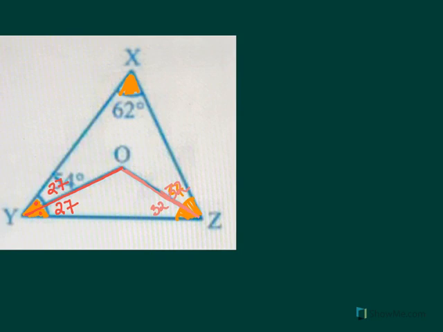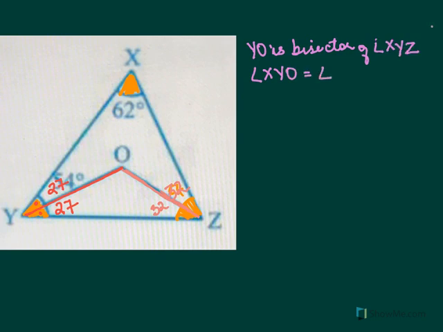So this is the next step that we are going to do. We will say YO is bisector of angle XYZ. That means it cuts XYZ into two equal parts. So angle XYO is equal to angle ZYO.